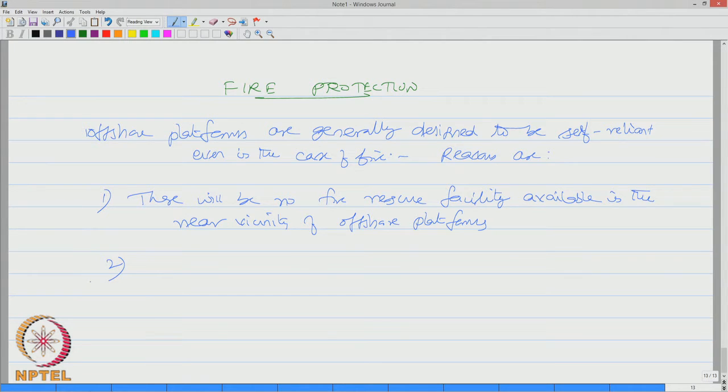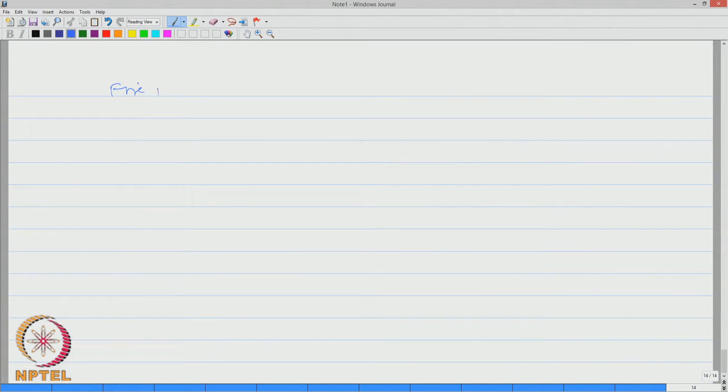The second good reason could be fire accidents cause many significant consequences. So, we need to avoid them completely. Fire protection can be achieved by using flame arresters.